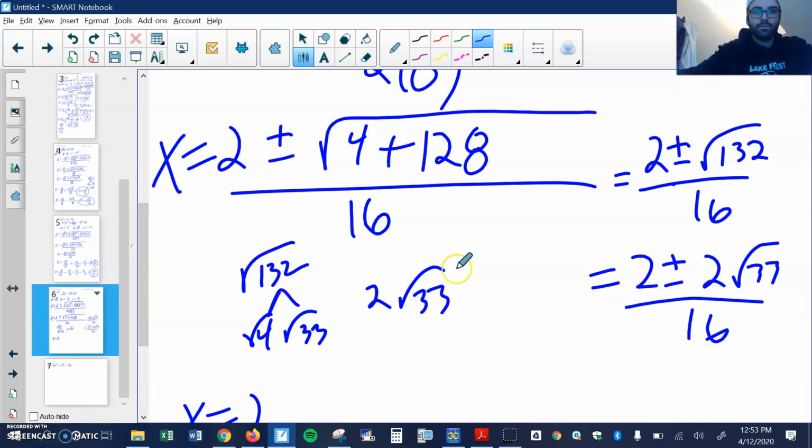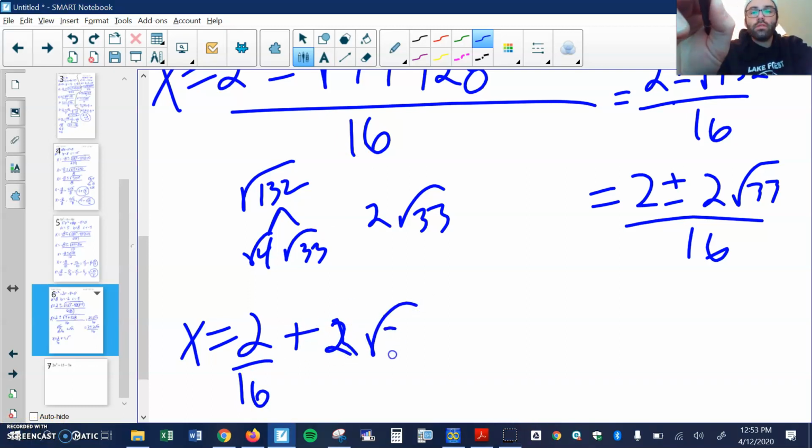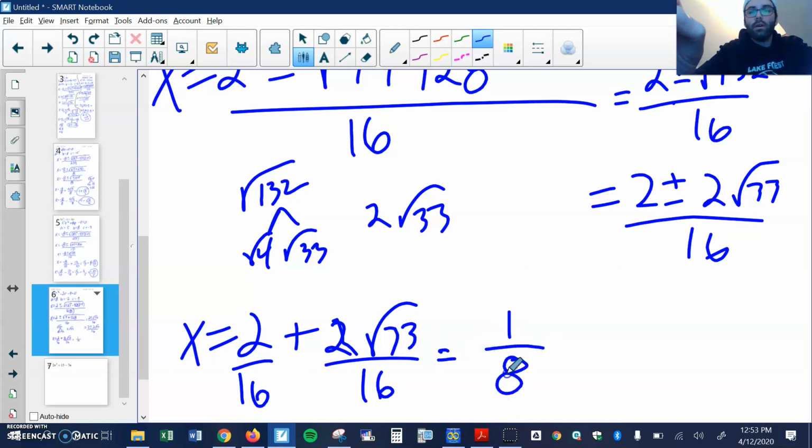Okay. So I'm going to do 2 over 16. Hold on a second. Plus 2 root 33 over 16. Reduce. I get 1 over 8, so I divide both by 2, plus root 33 over 8.